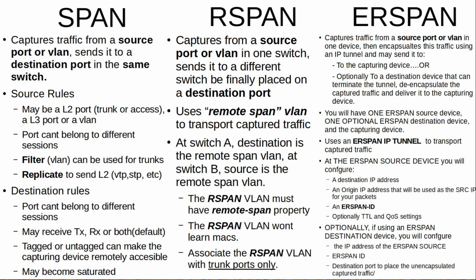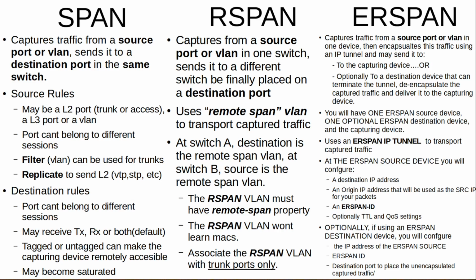In order to do this, you will need a remote SPAN VLAN that you will have to create across your network. When you are configuring this, at the switch that is capturing the traffic, the destination will be the remote SPAN VLAN.